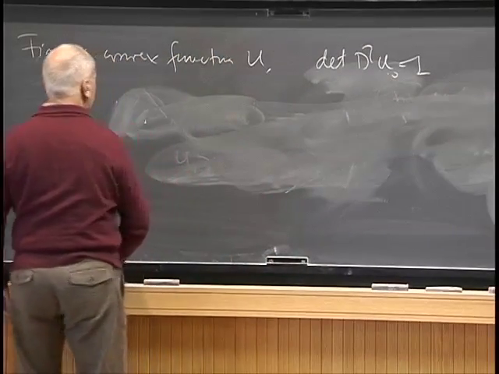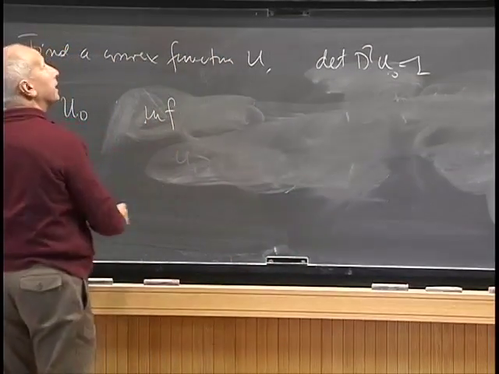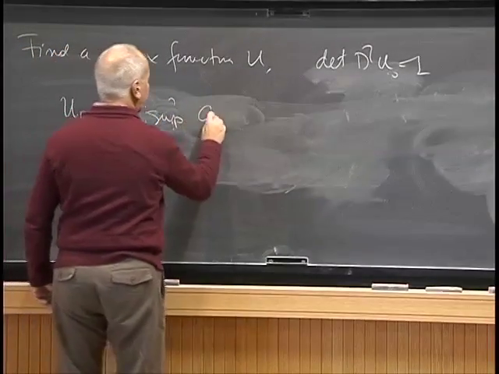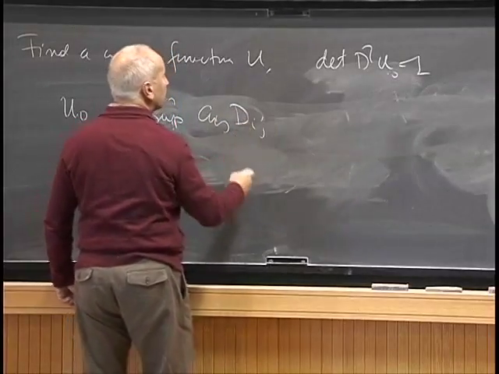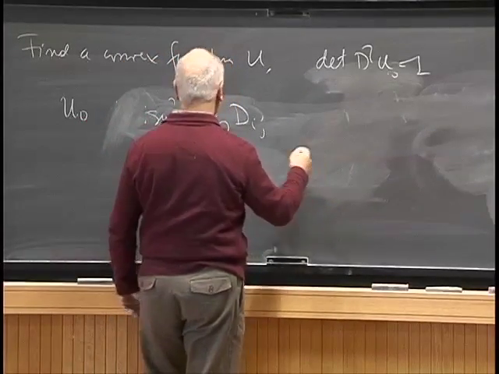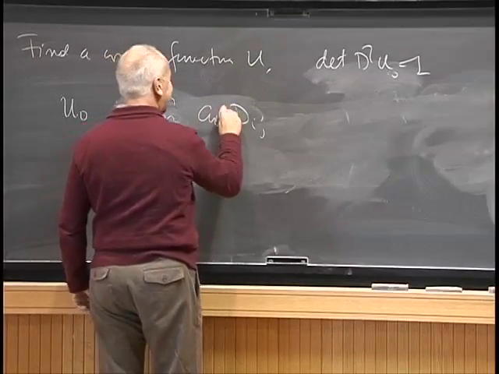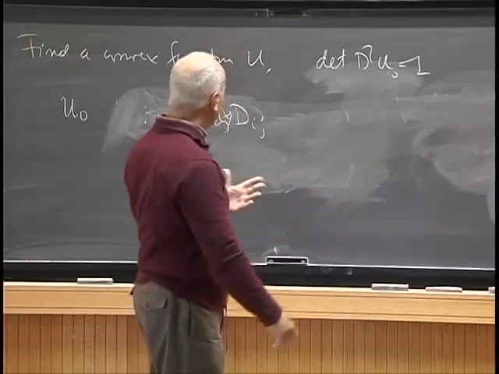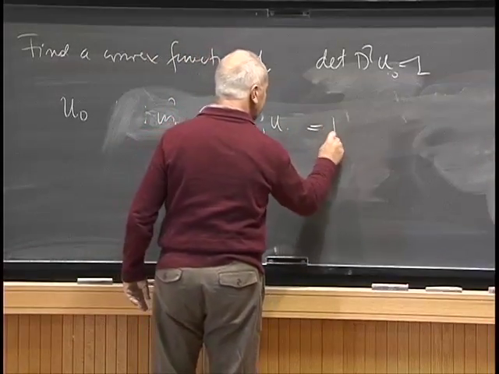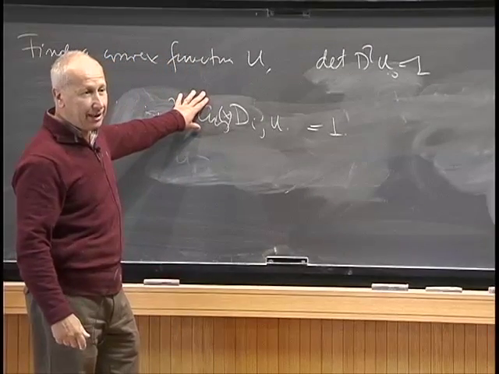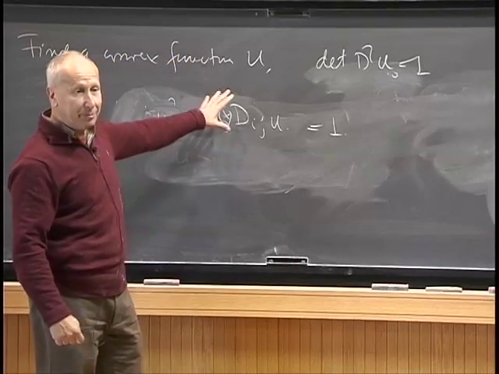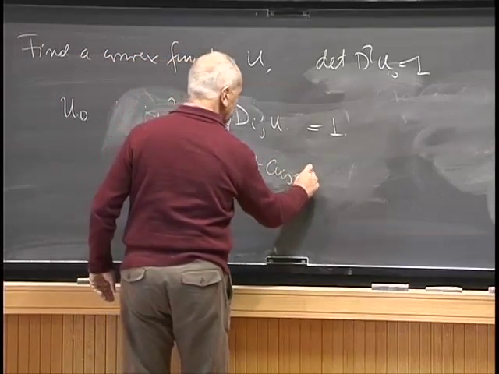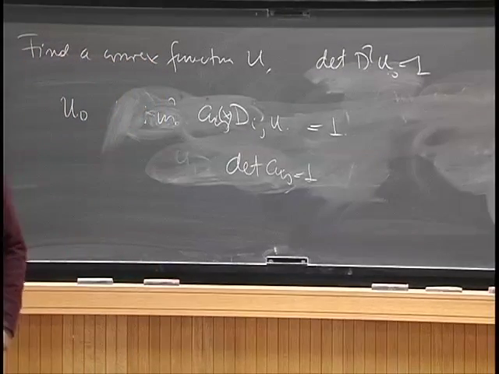satisfies that the infimum, the sup of a_ij, I always get confused, the infimum. So as I take all the possible equations you can cook up, a_ij D_ij of u equal to 1, where you ask the matrix a_ij to be non-negative and such that the determinant is 1.